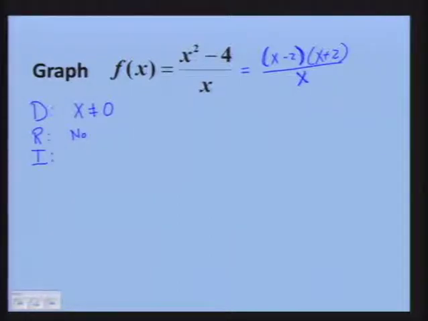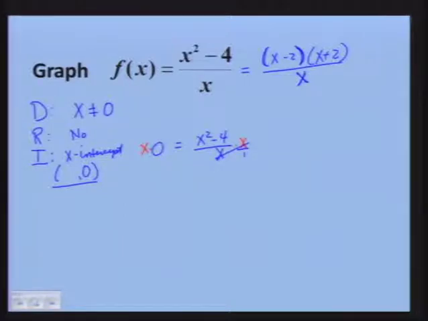Okay, for our intercepts, our x-intercept, we will let y be 0, and we'll graph the ordered pair that we find. So letting y be 0, we get 0 equals x squared minus 4 divided by x. Multiply both sides of the equation by x and clear fractions. Recall we can clear fractions because we have an equation.